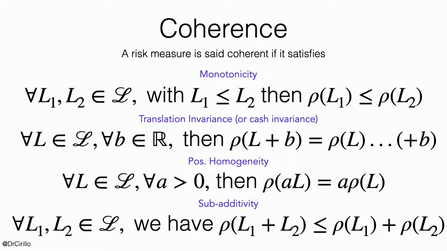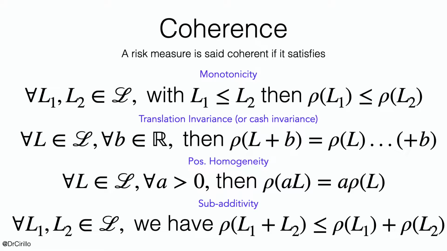Some risk measures can be either coherent or not coherent, depending on the definition of the convex cone L. Now, monotonicity implies that we can rank risks, and that for higher risks we need a larger amount of capital to build a reserve. So this is a very basic and intuitive property that we want our risk measure to satisfy.